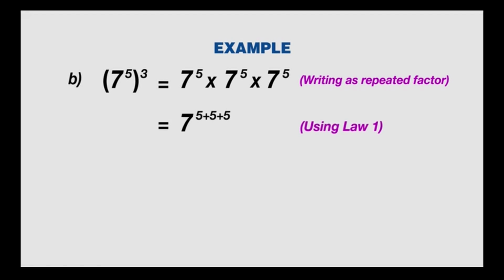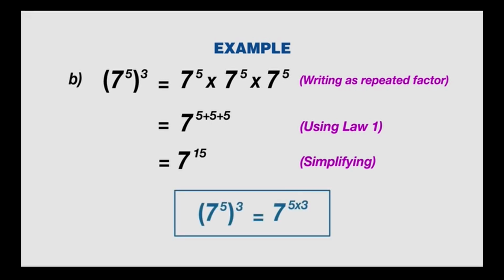That will give us 7 raised to the power 5 plus 5 plus 5, which is 7 raised to the power 15. And so 7 raised to the power 5 all cubed is equal to 7 raised to the power 15. The short form is to write down your base and multiply the indices or the exponents.